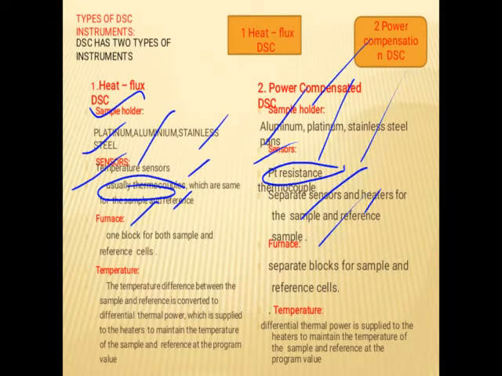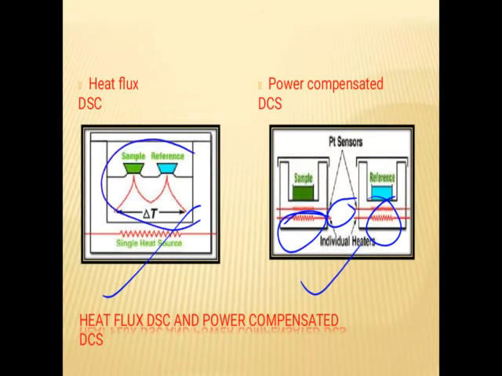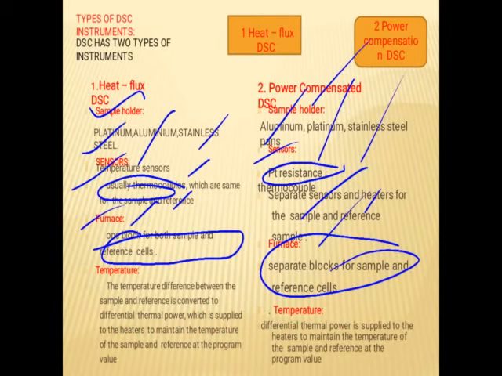As for the furnace, there is one block for both the sample and reference cell. Here there are separate blocks. In the heat flux DSC only one block is there in which sample and reference are present. Here there is one block for the sample and another block for the reference. Then the temperature difference between the sample and reference is converted into differential thermal power, which is supplied to the heater to maintain the temperature.